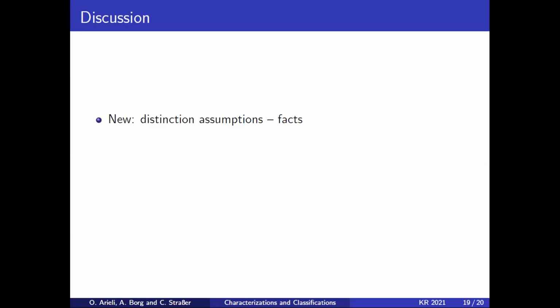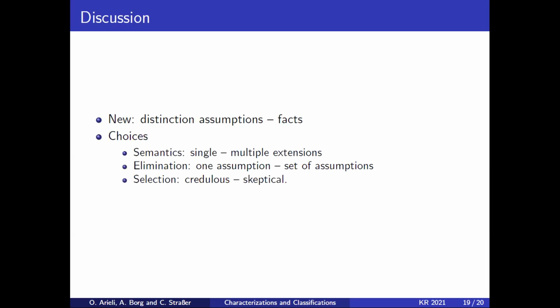So what we did is we added the possibility of having facts in our logical argumentation setting. And we showed that it comes down to three choices when we want to design argumentation frameworks and want to know what properties they satisfy. The semantics: do we choose a single extension semantics or multiple extension semantics?